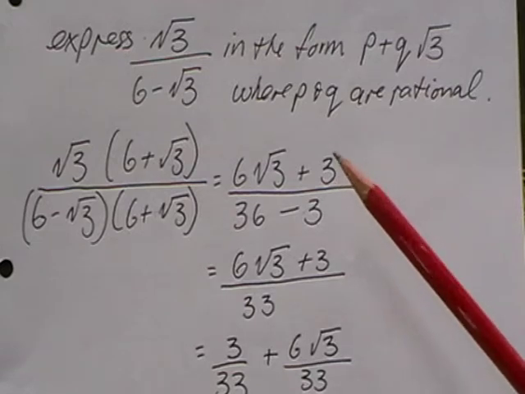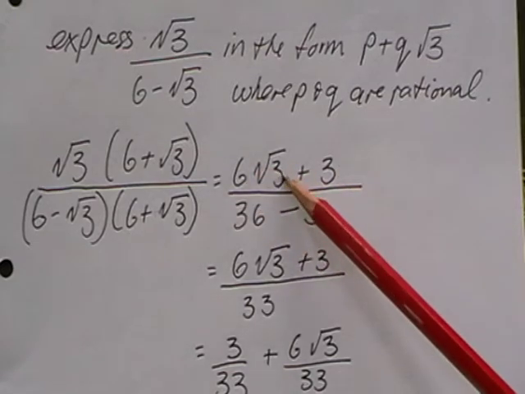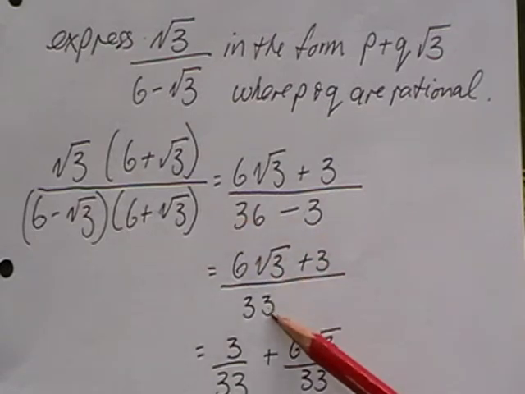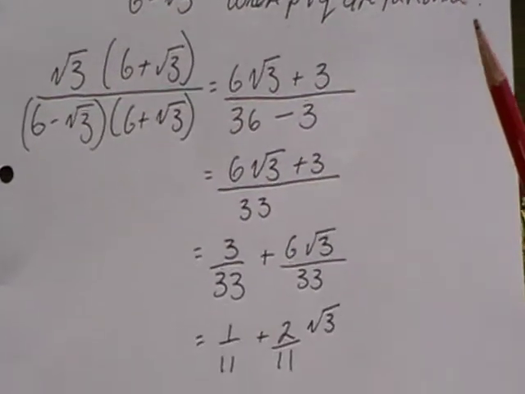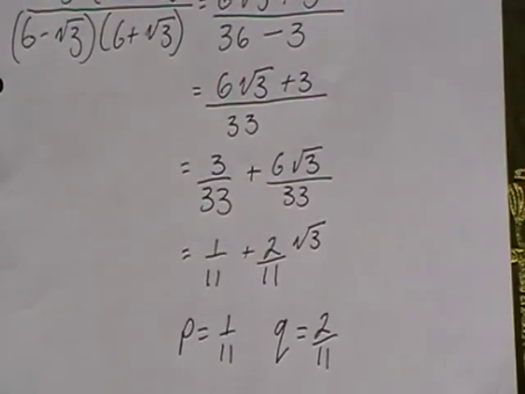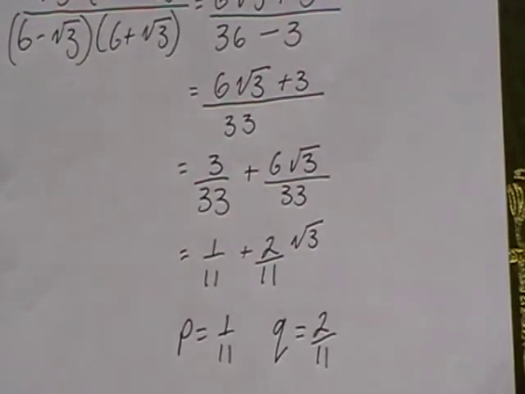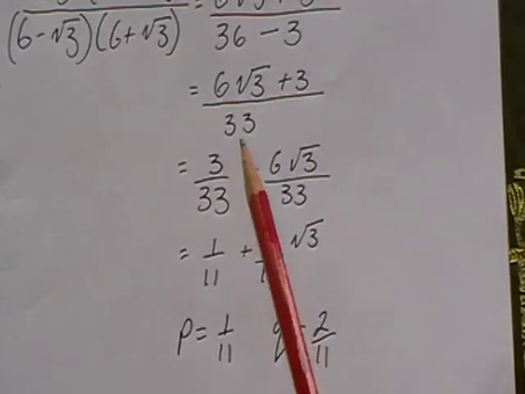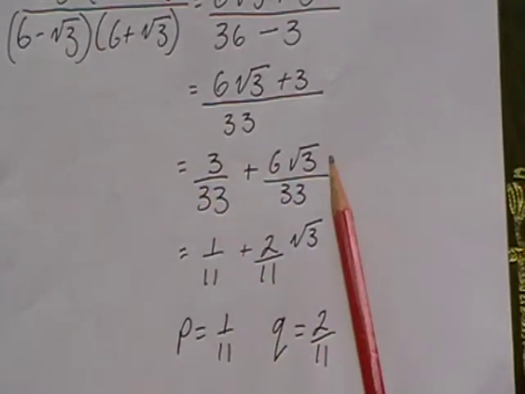And so from that we have 6 root 3 plus 3 over 36 minus 3, which is 33. And because I want it in the form of P plus Q root 3, we can have the numerical value first and the surd afterwards.